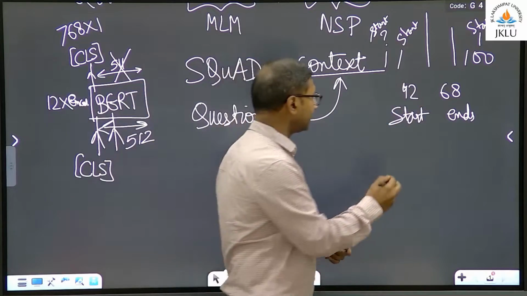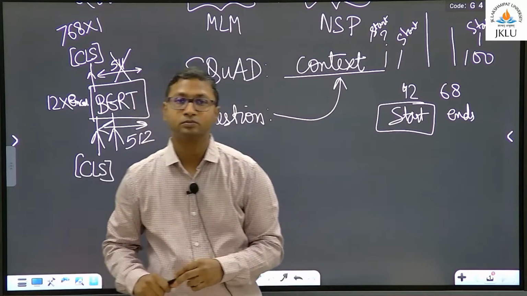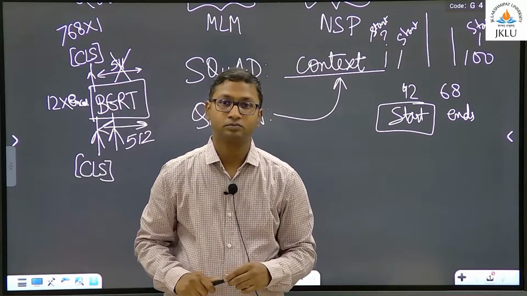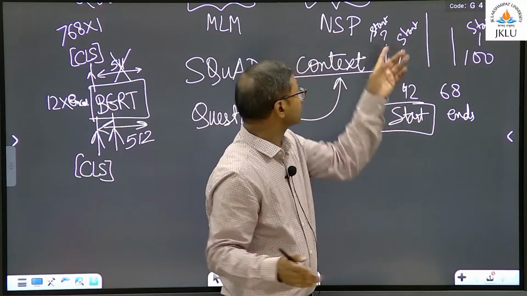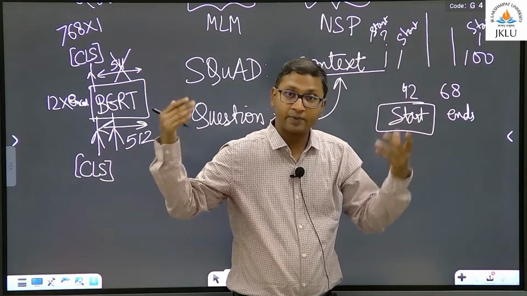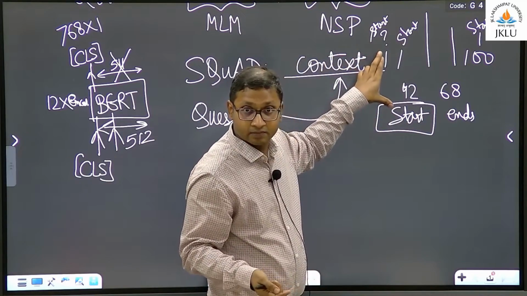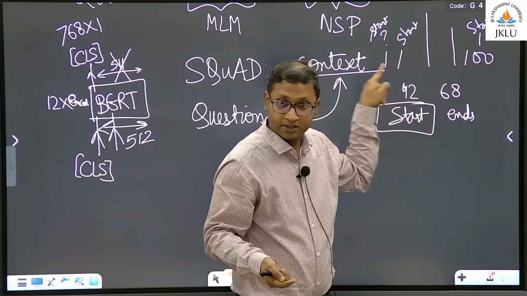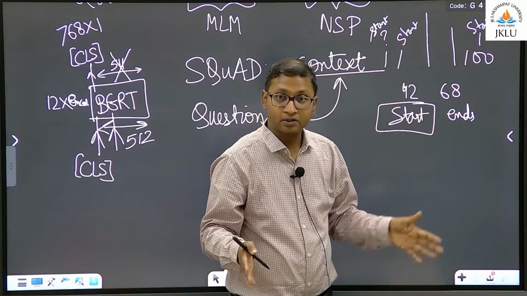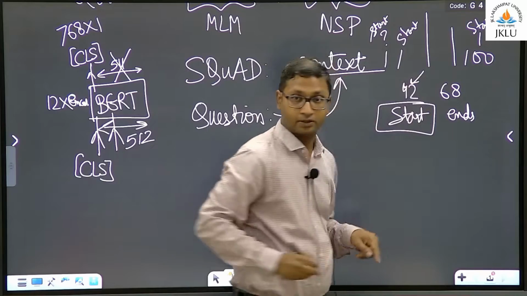So, what should be the size of my start token? It has to be 768, because every single thing that I am doing has dimension 768. You take dot product with all 100 things, compute softmax, whichever comes highest, there you assign.